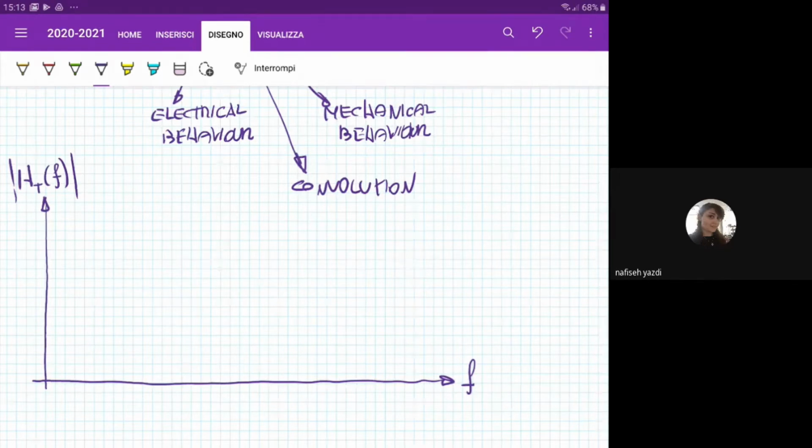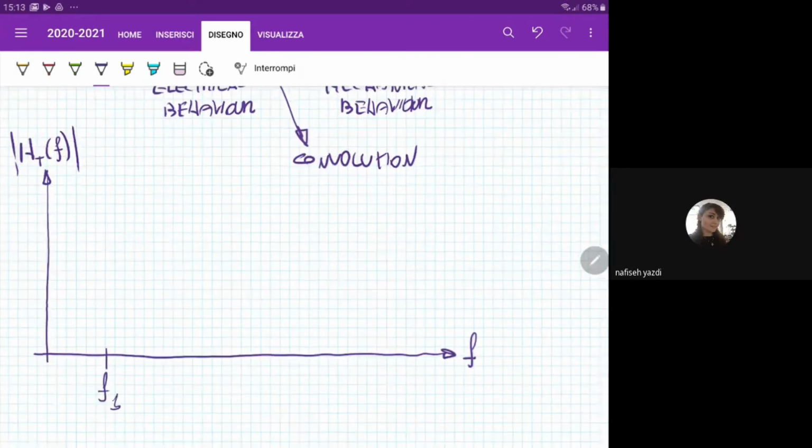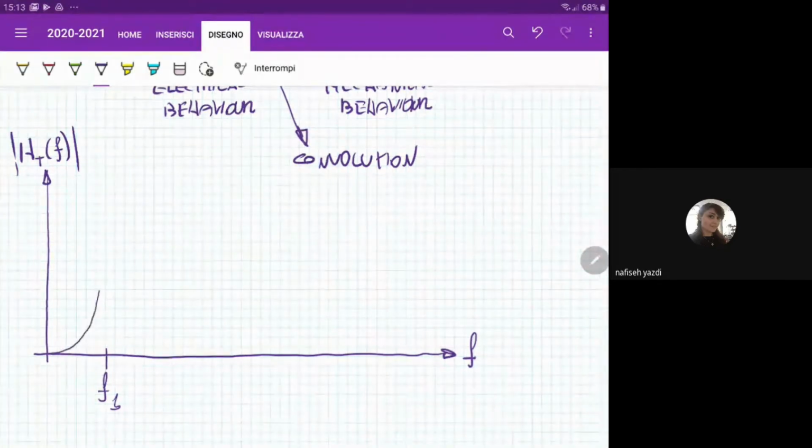So the overall transfer function is composed by, let's say, a first part that is characterized by this f1, 1 over tau, that is practically very, very small, 0, and then goes up to approximately 1.